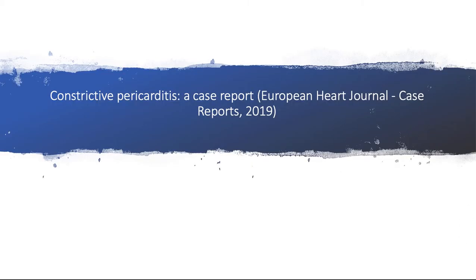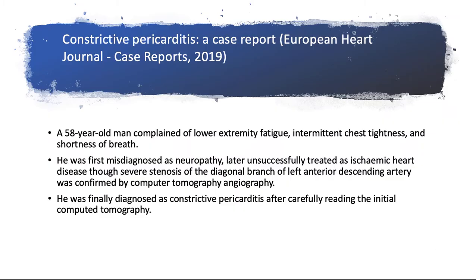We're going to have a look at a case of constrictive pericarditis that has been published recently in the European Heart Journal in 2019. A 58-year-old man complained of lower extremity fatigue, intermittent chest tightness, and shortness of breath.